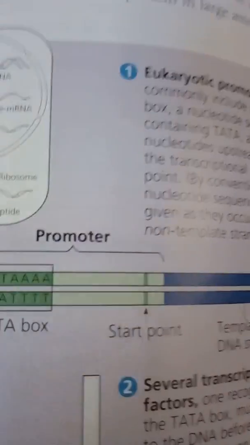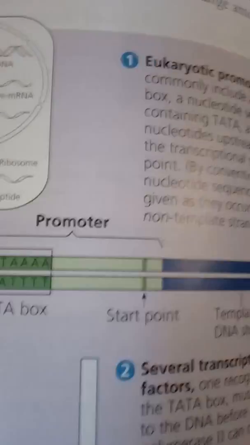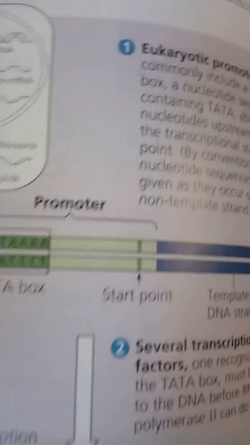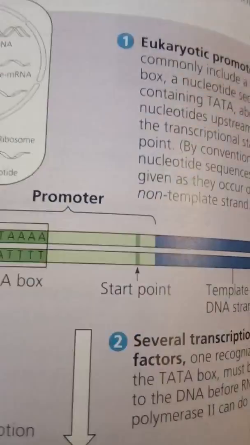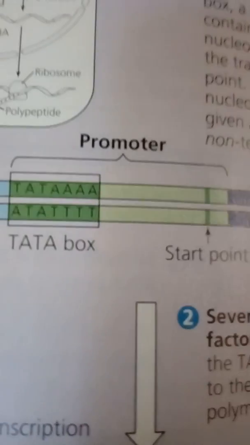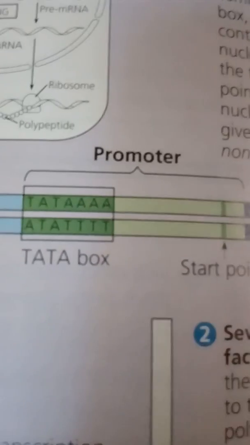RNA polymerase binding and initiation of transcription. The promoter of a gene includes within it the transcription start point, the nucleotide where RNA synthesis actually begins, and typically extends several dozen nucleotide pairs upstream from the start point.